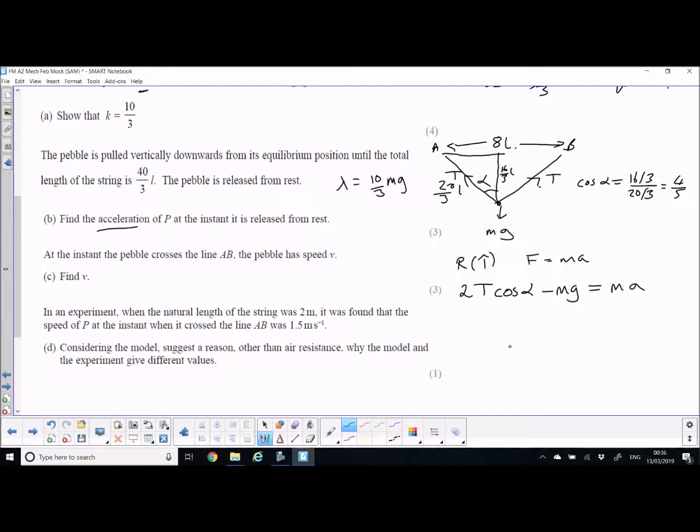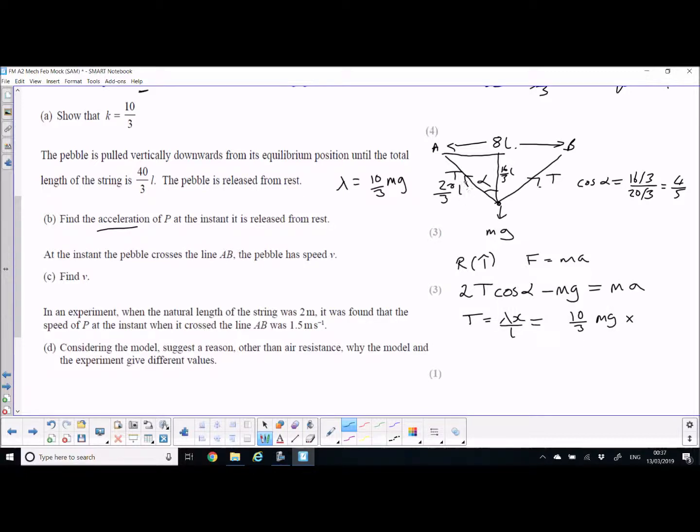Now I want to find the tension again. Okay, so we're using Hooke's law again. So tension is lambda x over L. So we now know that lambda is 3/10 mg.